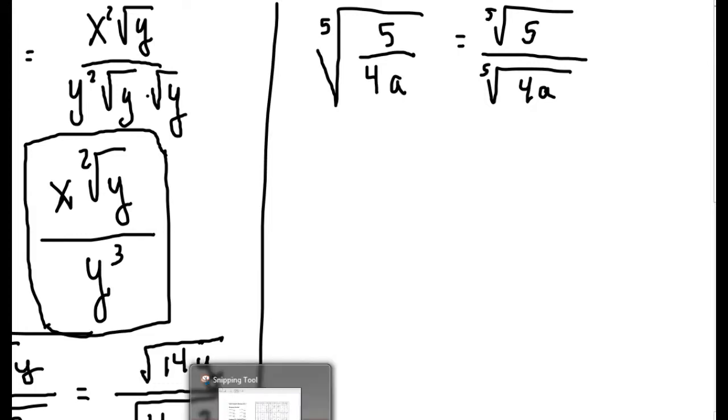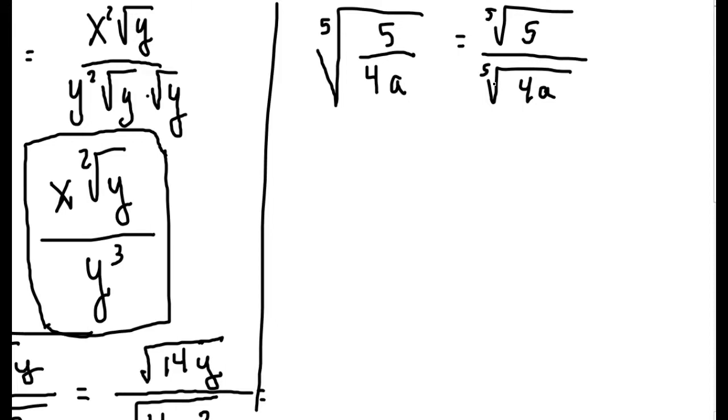Okay, now remember we're talking about fifth roots. Before, we multiplied the denominator by something we knew was a perfect square. In the denominator we have 4a, and we want a number that has a base that can be raised to the fifth power to get that number.